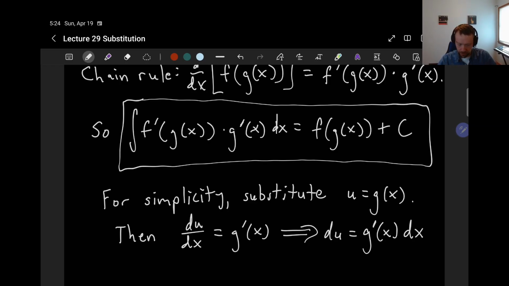Now I say this is cheating because I made it look like I multiplied both sides by dx, and that's not really what's happening, because du/dx here is not literally some number du divided by some number dx. That's not what's really happening.